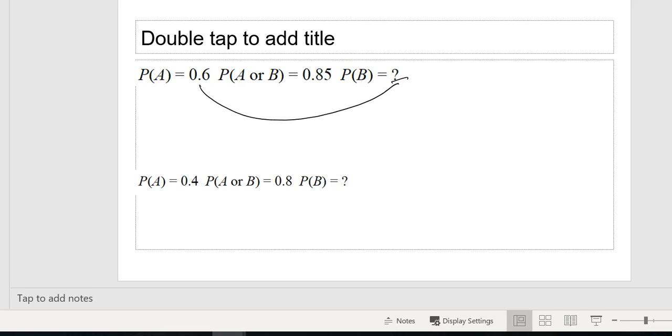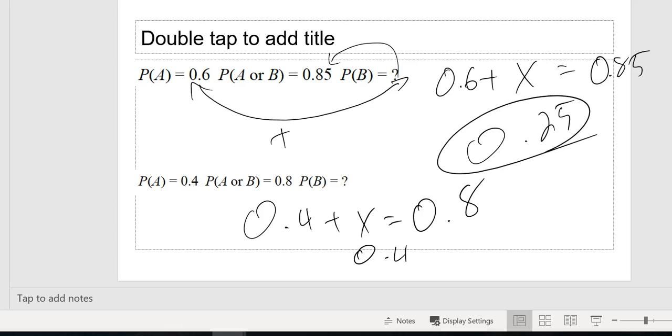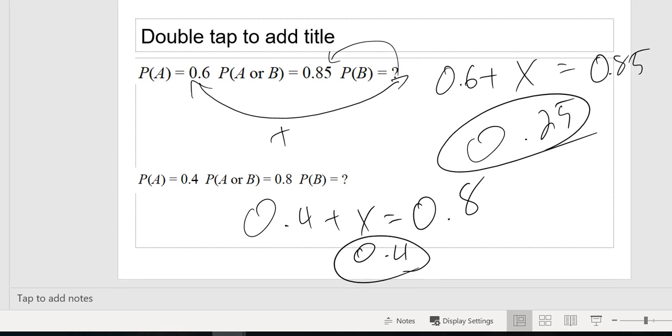This plus that should give me this. So 0.6 plus a number equals 0.85, which is 0.25. This one's 0.4 plus something equals 0.8, so 0.4. We can subtract: 0.85 minus 0.6, and 0.8 minus 0.4.